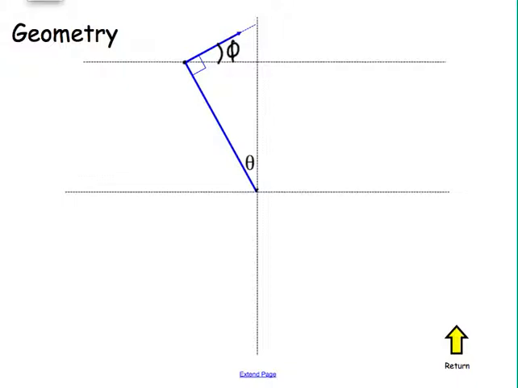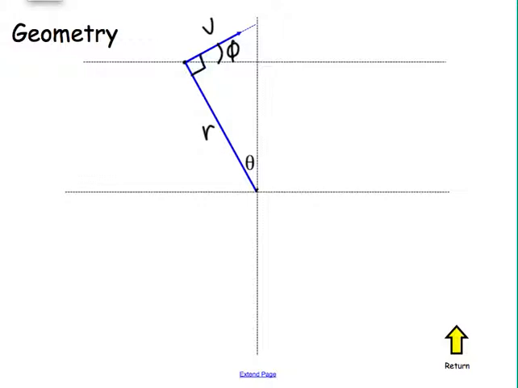I want to find out what phi is. The velocity is always tangent to the path, which is the circle, and the tangent to the circle is always perpendicular to the radius, which means this angle has to be a right angle.